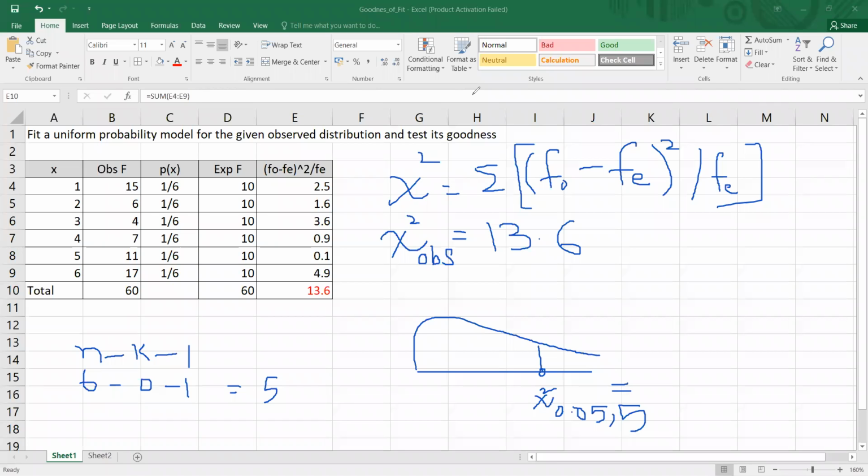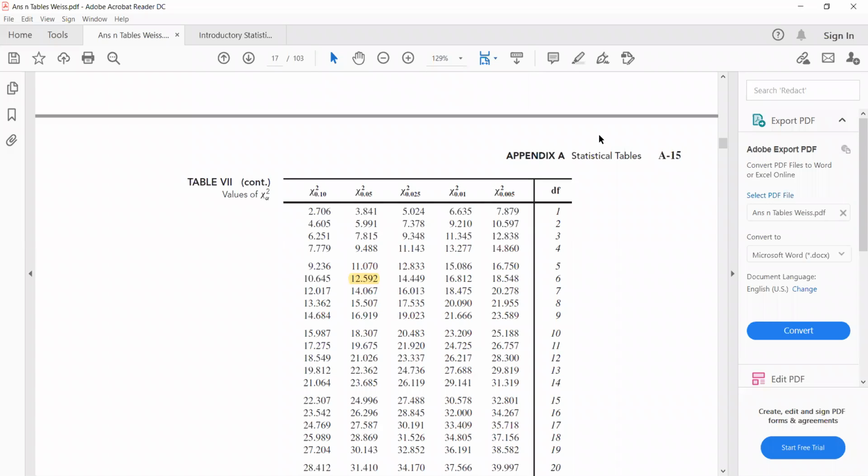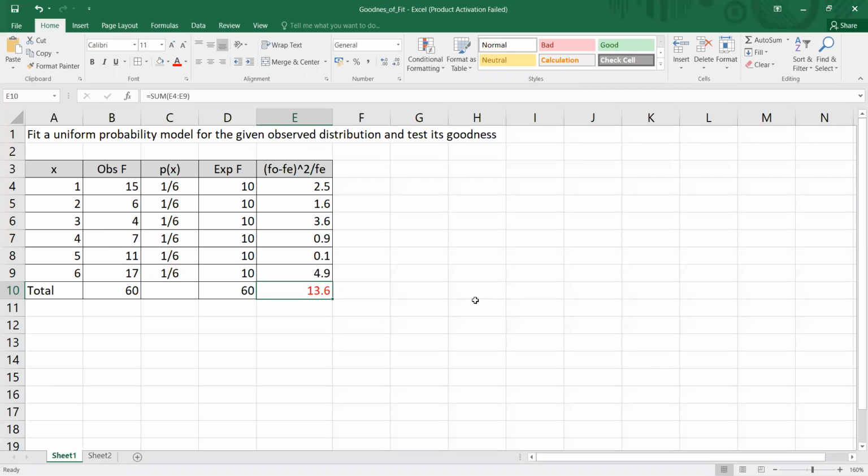The chi-square 0.05 at 5 degrees of freedom is 11.07. So 11.07 is the value of the chi-square at 5 degrees of freedom.